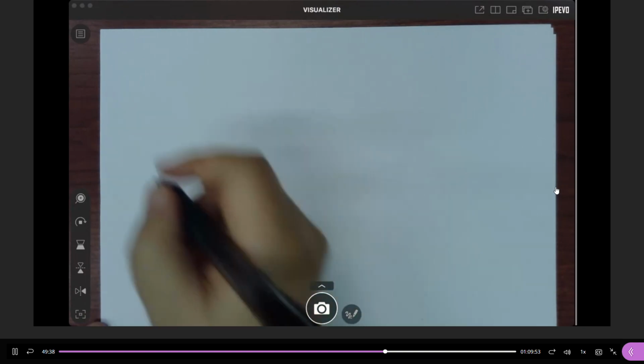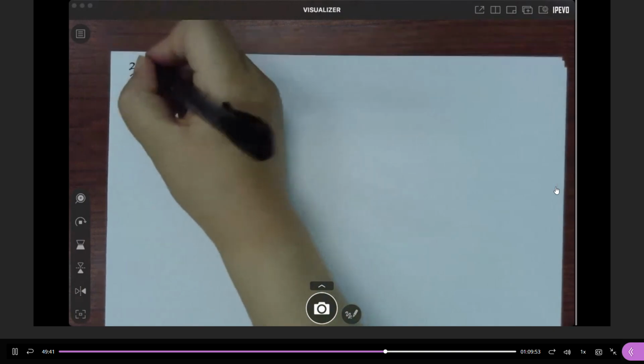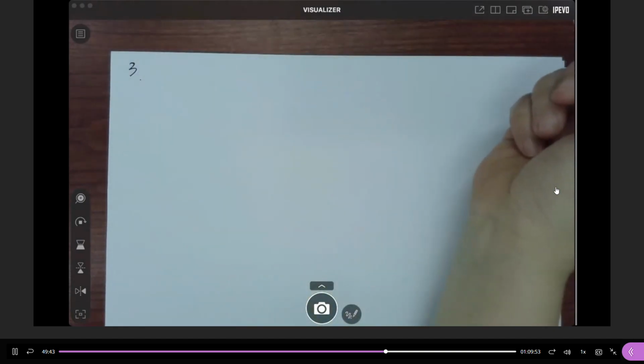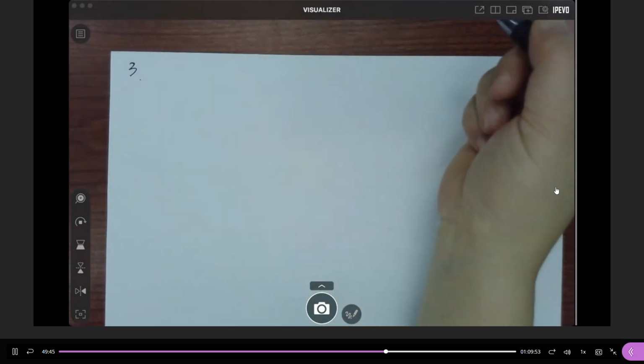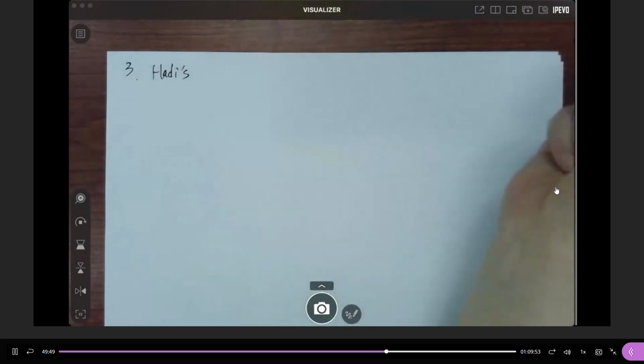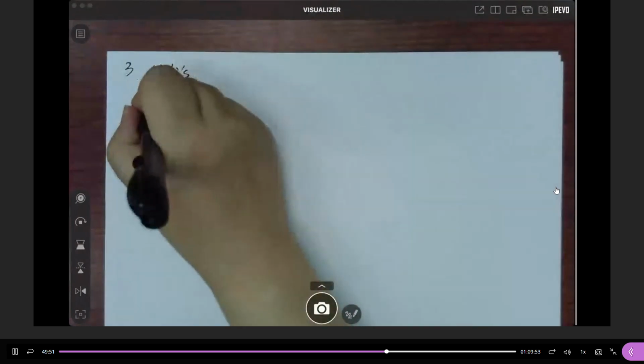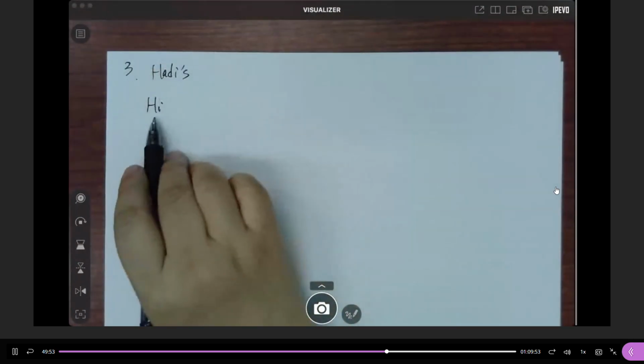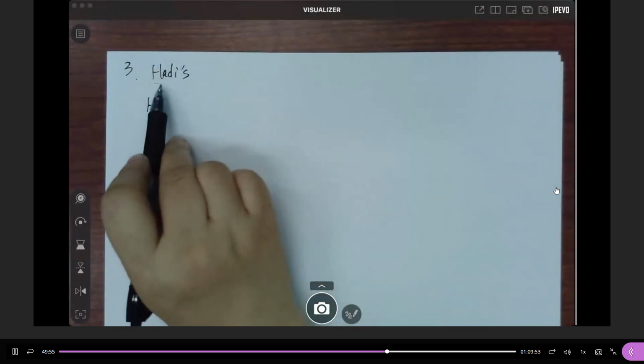The third one is called Hardy's measure. So HI, Hardy's. This is not a hat matrix, but coming from the person's name.